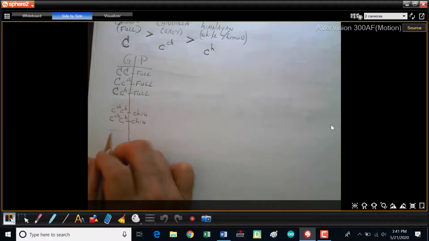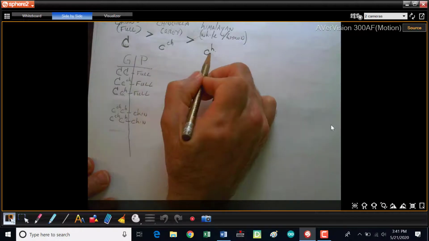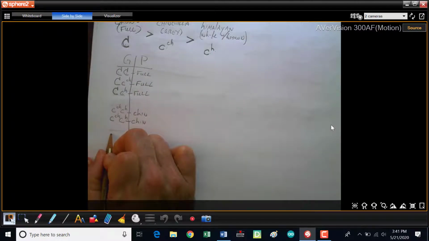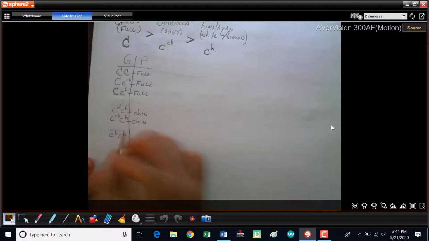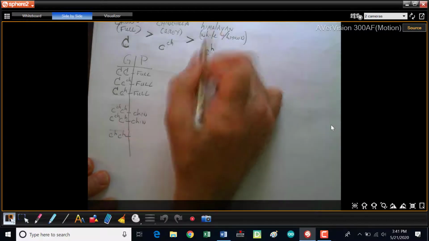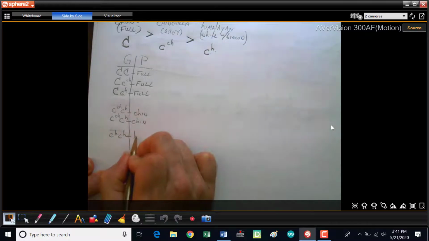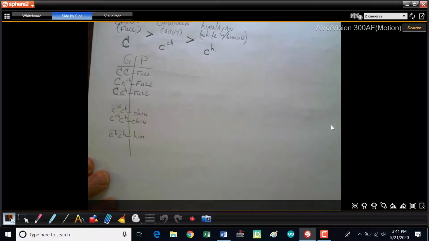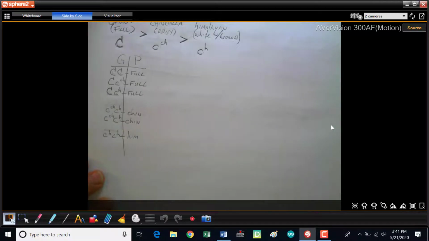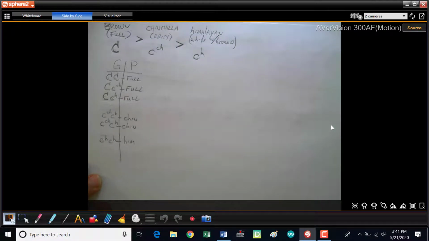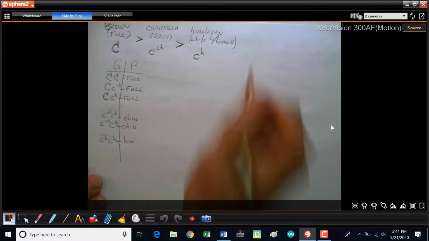But move on down. With just these three alleles, there is one more genotype possible, and that's a purebred Himalayan. And of course, obviously, to be Himalayan, if it's only got Himalayan genes, it's going to clearly appear as Himalayan. However, to keep going, we're going to add one more gene in the rabbit population.